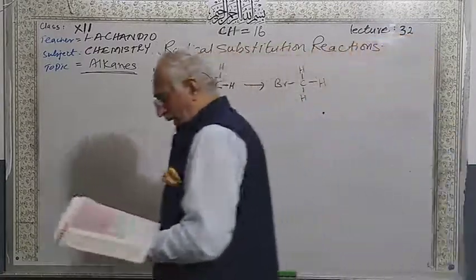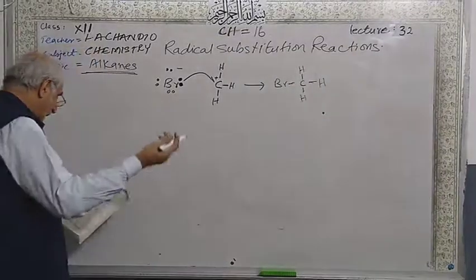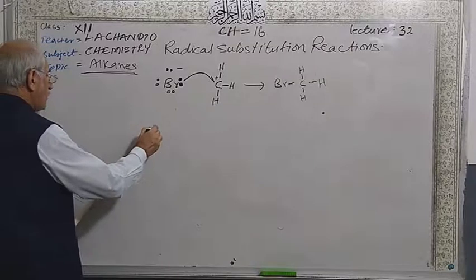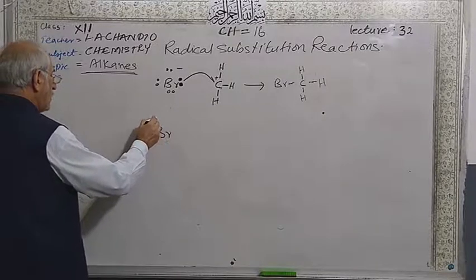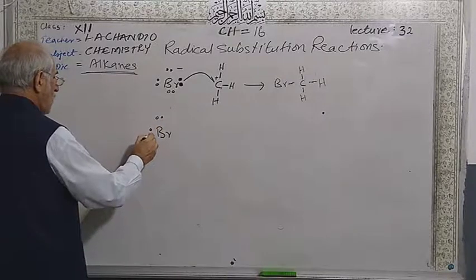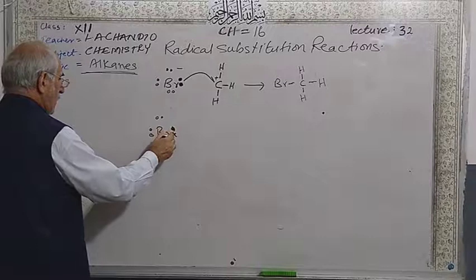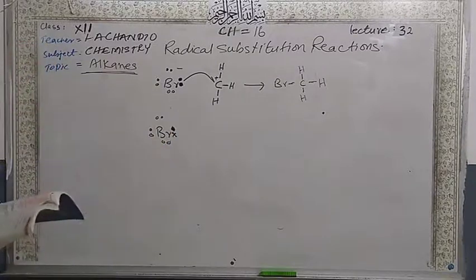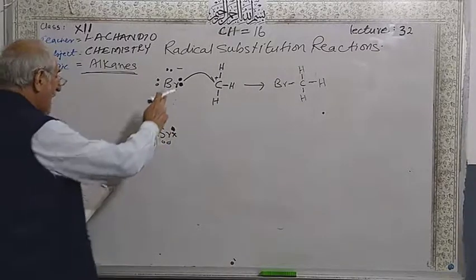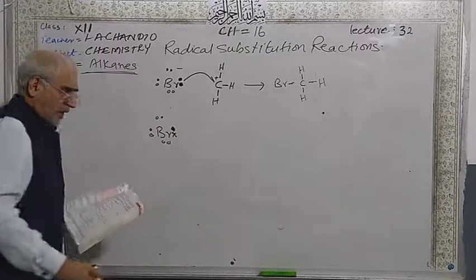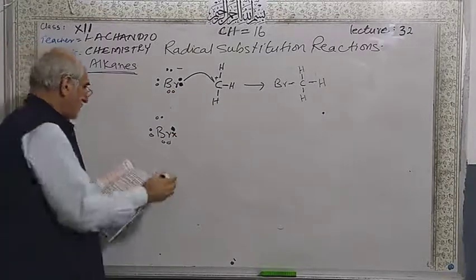This is methyl bromide. In the second case, if the bond is broken, this is the shared electron pair. Here is the movement of the unpaired electron, and here is the movement of the paired electron.